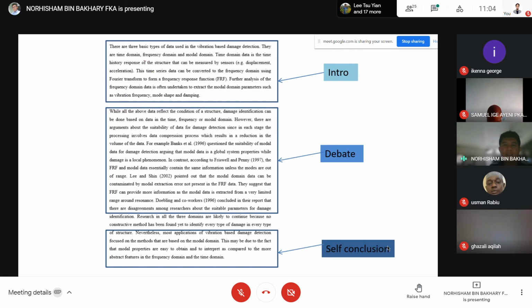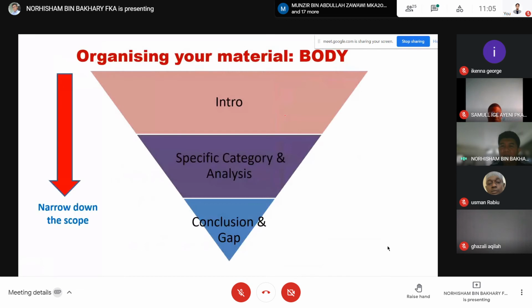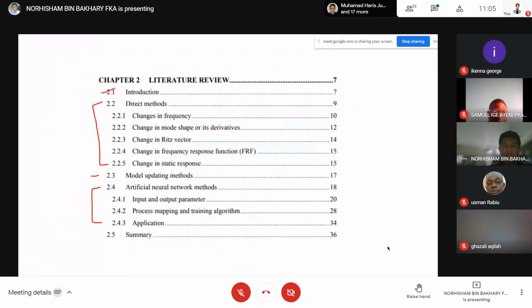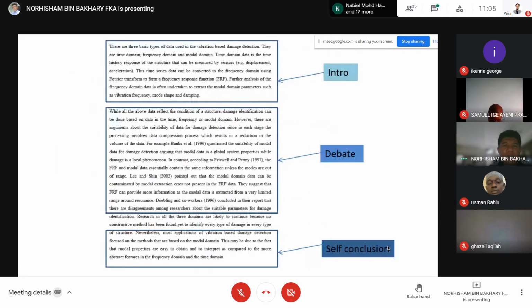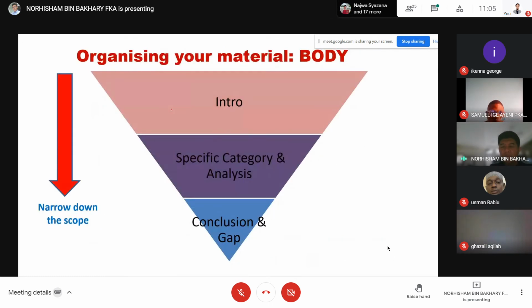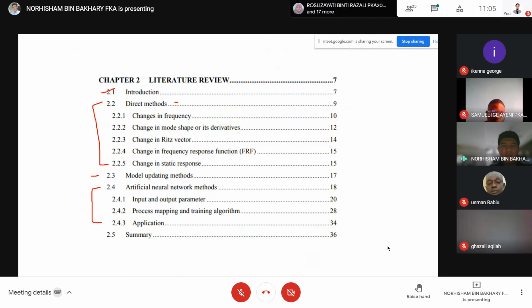So this is the introduction of 2.1, I think. So let's go. This is how I, okay, this one. Correct methods. So I forgot where I wrote this.